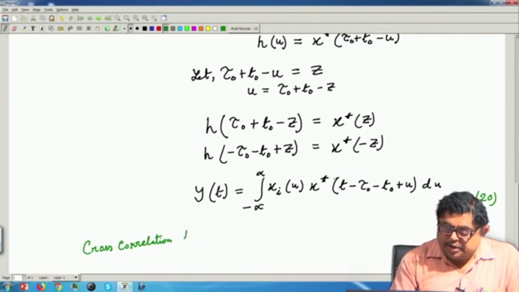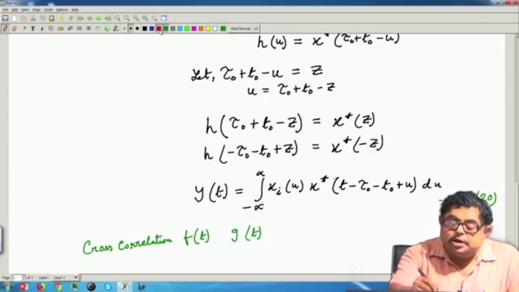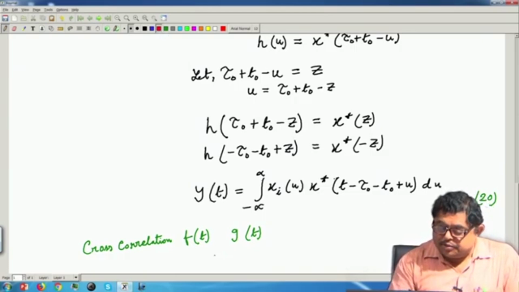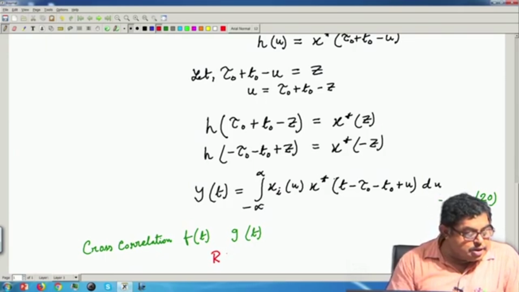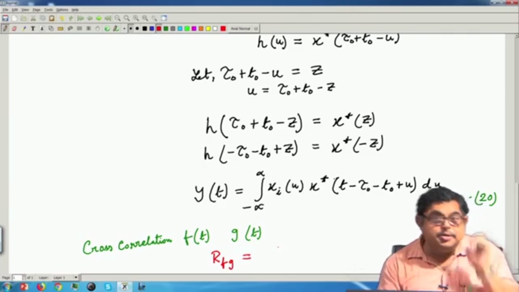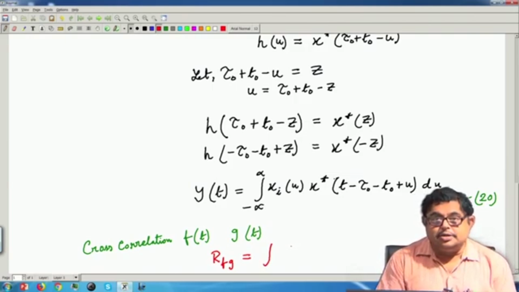Let one function be f t, another let us say g t. So, what is the cross correlation? This definition I am now writing, the cross correlation is generally denoted by R f g. This all of you have done in your basic network class.